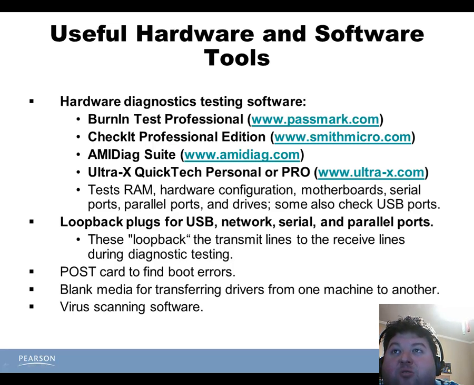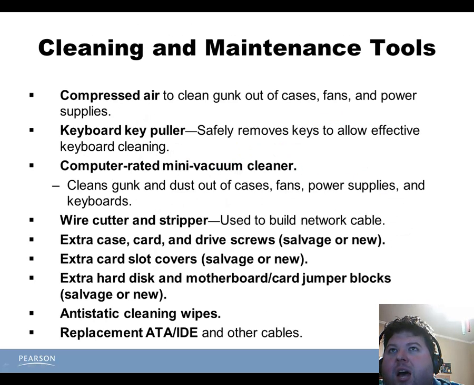Something else you should probably keep in your toolkit is some blank media for transferring drivers from one machine to another. Keep an empty USB key around, because you never know if someone's problem is their network card driver. Well, you can't get on the internet and download the network card driver on the machine with a bad network card. And then virus scanning software. I always keep a virus scanner on my USB key, and I run it on everybody's machine that I do anything on at all.